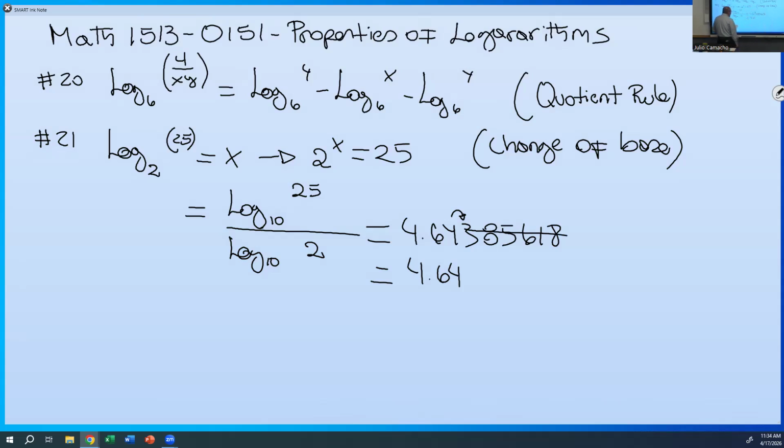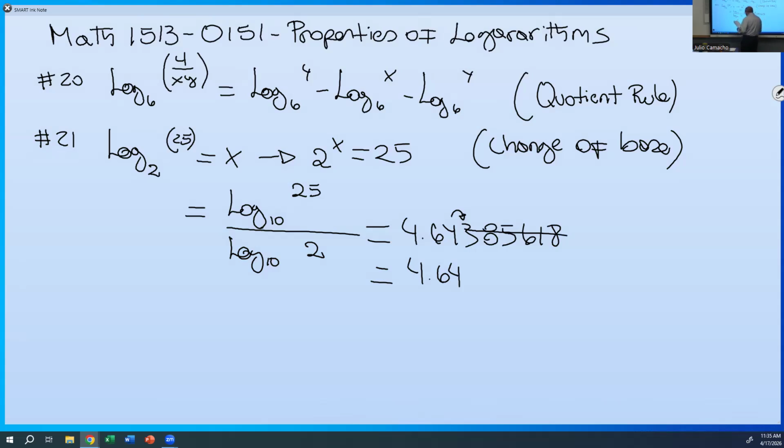If they're asking for 4 decimals, you will have to go to 38. And because the next number is 5 or greater, you will add 1 to the 8. So the answer will be 6439 if they're asking for 4 decimals. But in this assignment, they're asking only for 2 decimals. So we go until 64.